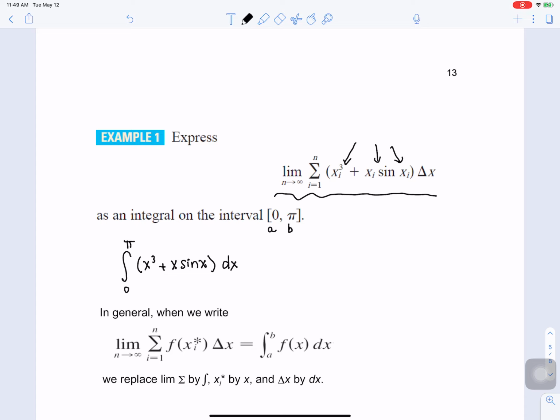So this expression has the same meaning as this sum, provided the function is integrable, but they're just saying to express this as an integral, so you just take the sum and turn it into integral notation. Again, the context of this integral is area under the curve, and the point of this integral is to solve that area problem.